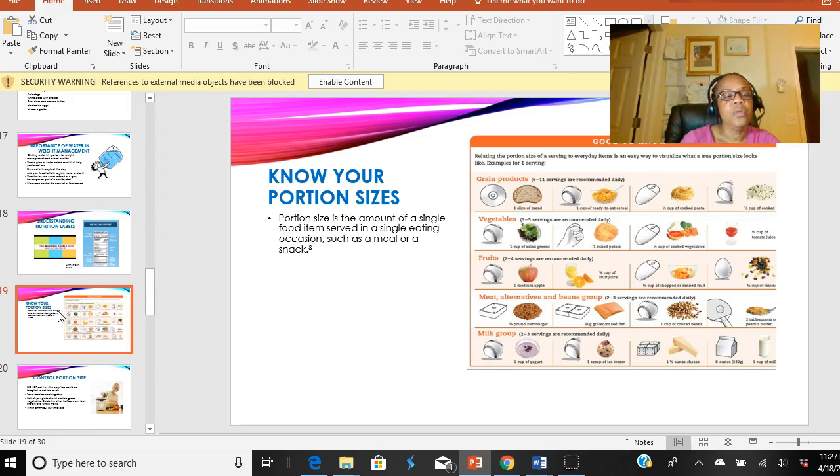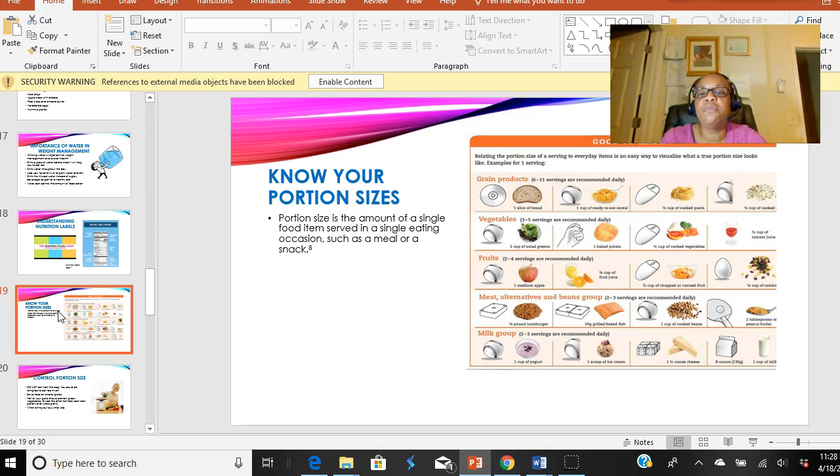Now, we must know our portion size when we eat. Portion size is the amount of a single food item served in a single eating occasion, such as a meal or a snack. One slice of bread is like a compact disc, a CD.